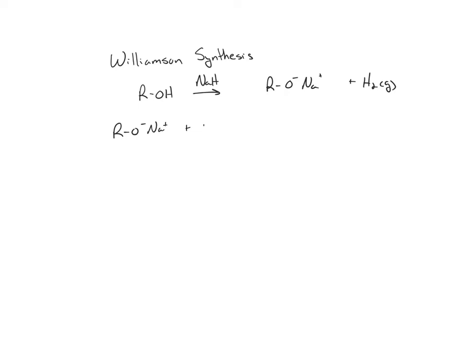Once we have this sodium alkoxide, I can react that with any alkyl halide. So X is any halide: iodine, bromide, chloride. These react to form an ether plus sodium, whatever halide we have. So this is a lot more economical or higher efficiency reaction.